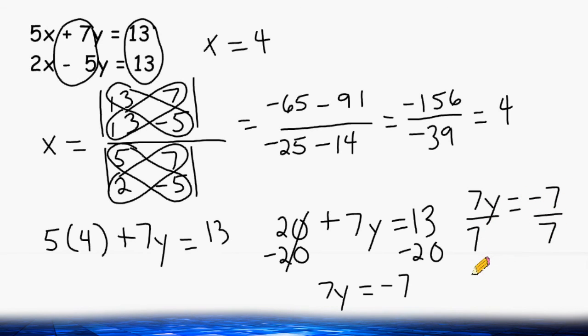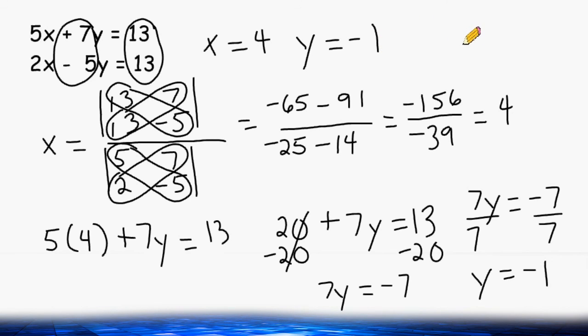And that leaves us with y is equal to -7 divided by +7, which is -1. So now we know that where these two lines would intersect on the coordinate plane would be an x value of 4 and a y value of -1.